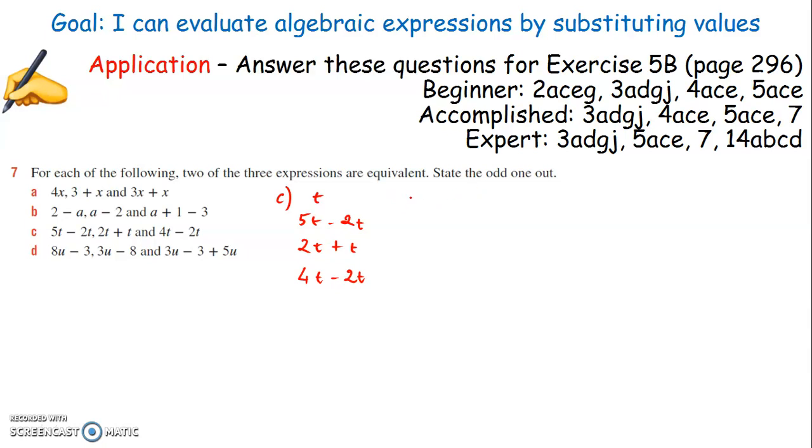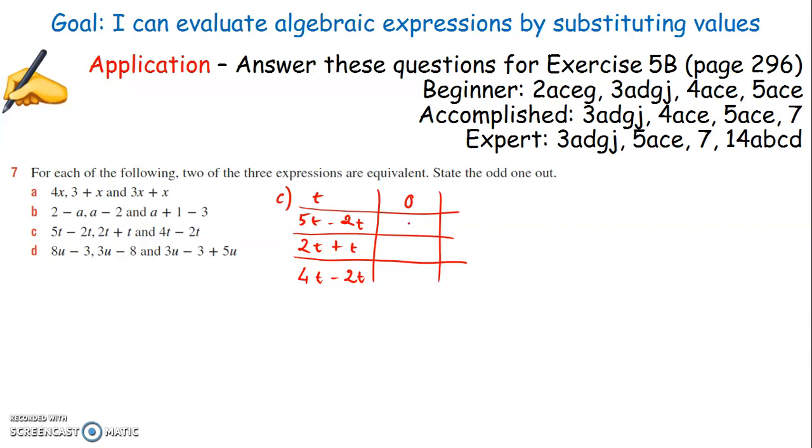Okay, so let's try 0 out. 0 is a very nice and easy number to work with. So 5 times 0, minus 2 times 0. So 5 times 0 is 0, minus 2 times 0, which is also 0.